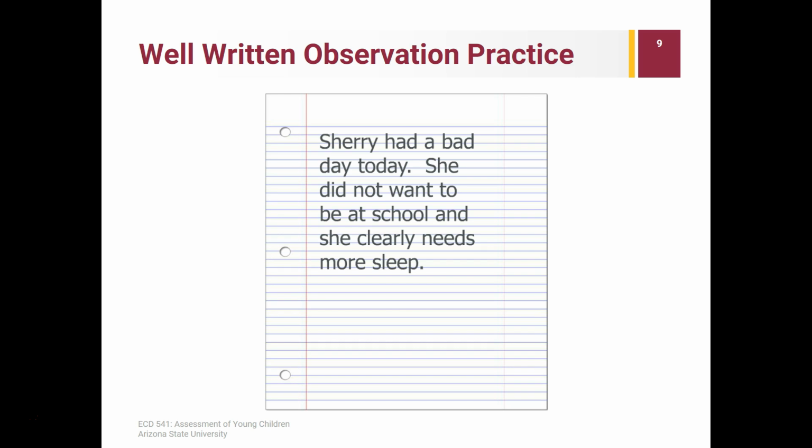How do you know Sherry did not want to be at school? And what made you say Sherry needs more sleep? Observations that are written objectively in a way that documents that which can be seen and heard would address these questions. Now, let's see if we can turn this scenario into an objective, well-written observation.